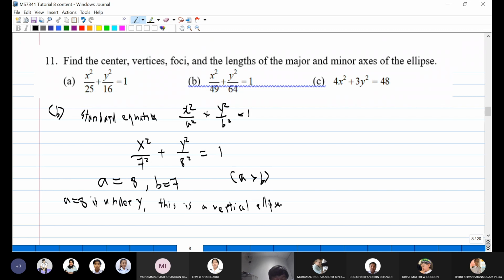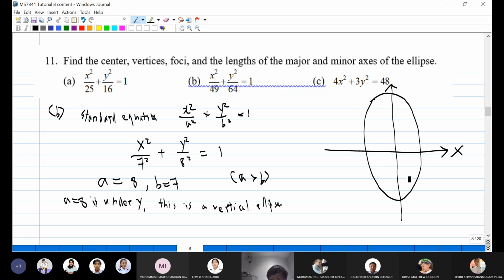Okay, vertical ellipse. So you can try to draw a vertical ellipse now. So you get something like this now. The center is always 0, 0.